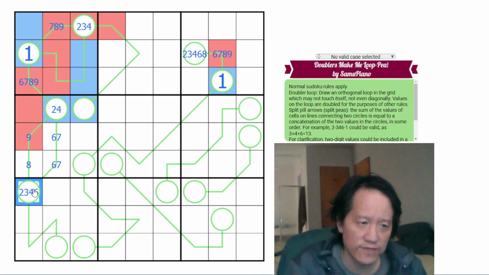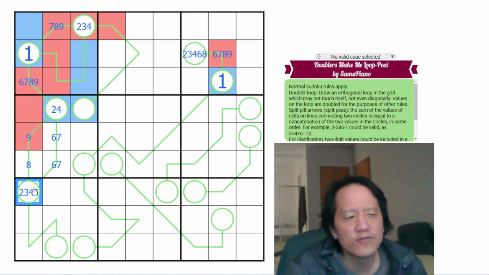If it's 24, I think you still have to have 3 doubled, right? Let's try to do 2 doubled. You have 9 doubled and 8 doubled. 8 doubled would have to be with 8. 7 doubled is only 14, so that's not enough. So yeah, you would have to have 3 doubled also there. So you would have to have 9 doubled with 6, right? 9 doubled would be 18 plus 6 is 24, right?